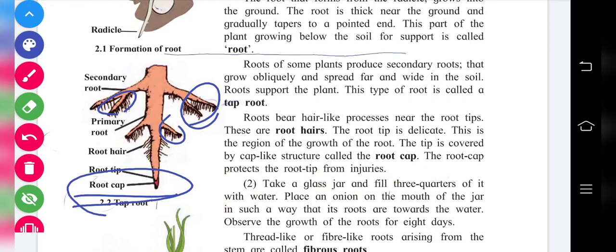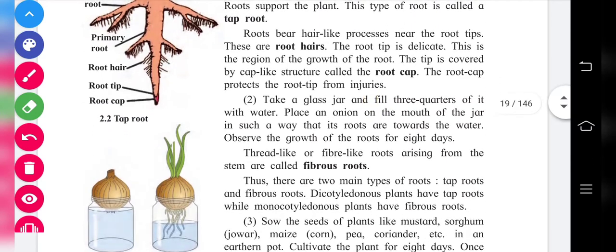Take a glass jar for the activity. Fill three-fourths of it with water. Place an onion on the mouth of the jar in such a way that the roots are toward the water.